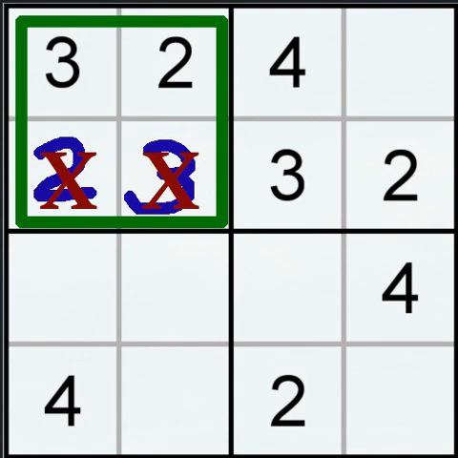The rules say that no small black square region can have the same number twice. This means that in the upper left black square region we cannot put a 3 or a 2 in the empty squares because there's a 3 and a 2 already in that region.